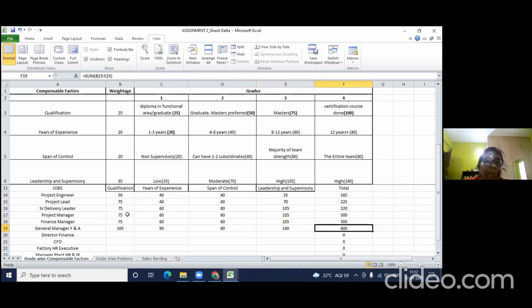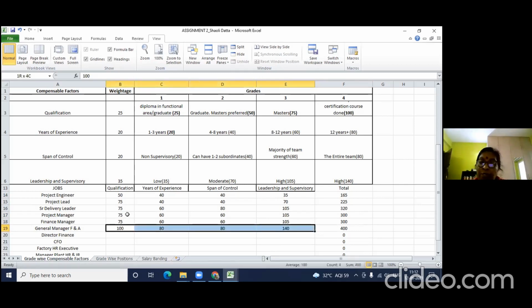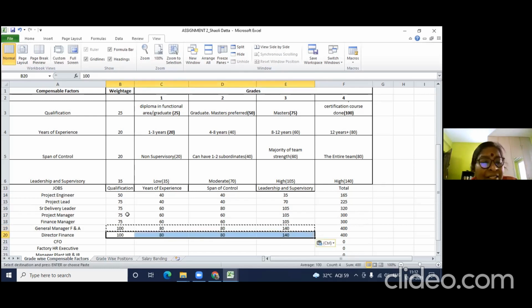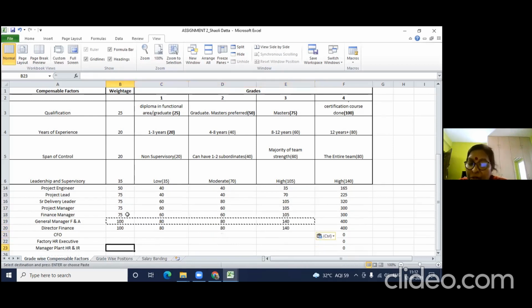Typically, when we are doing job evaluation, we don't take titles into consideration. Why? Because titles may be very big, but in essence the job description may not be up to the title. For example, there are two project managers. One looks after 10 projects and the other only one project.